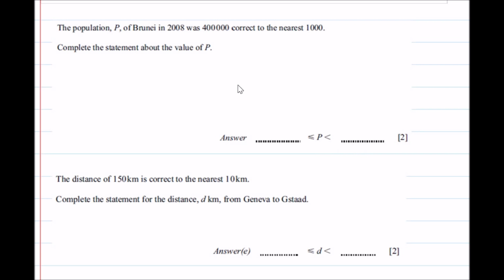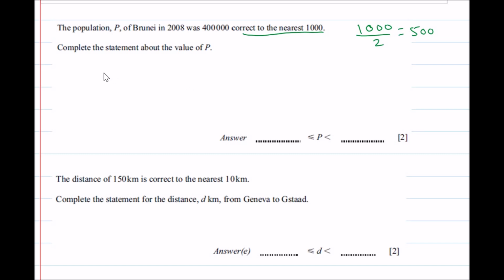Now, how to find the lower bound and upper bound for 400,000? First of all, check: correct to the nearest thousand. So we take 1000 divided by 2, we get 500. We have to subtract 500 and add 500 to the given number 400,000.